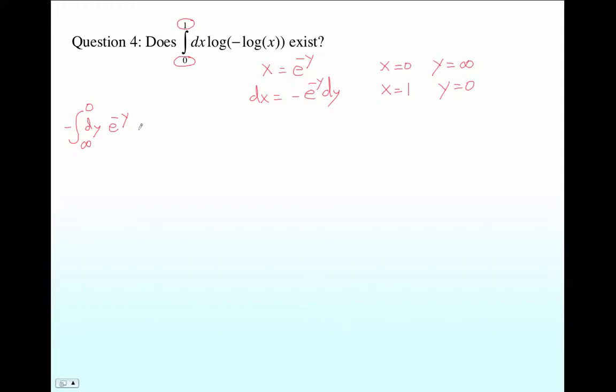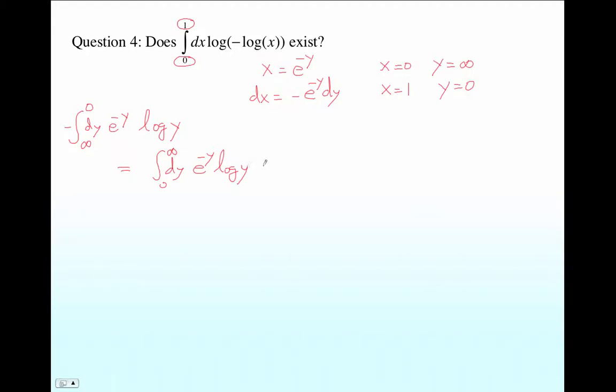And then there's the log of minus log of x, which is log of y. Let me just change the limits of integration so that it looks a little nicer. This becomes 0 to infinity dy e to the minus y log of y. You remember that integral a to b is minus integral from b to a.